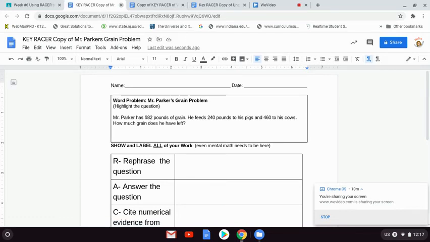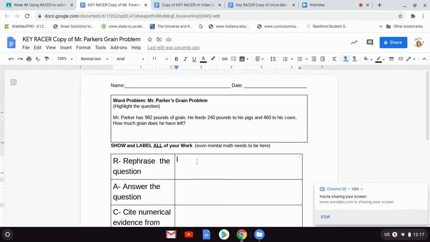He feeds 240 pounds to his pigs and 460 to his cows. How much grain does he have left? So it's a similar problem. So we're going to say Mr. Parker has blank pounds of grain left over after feeding the pigs and cows.